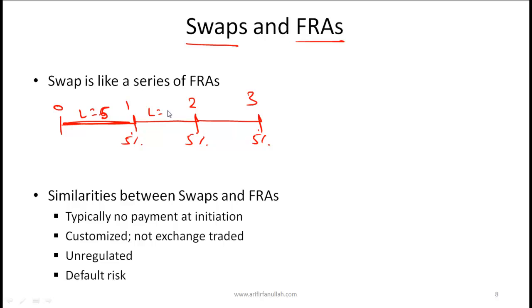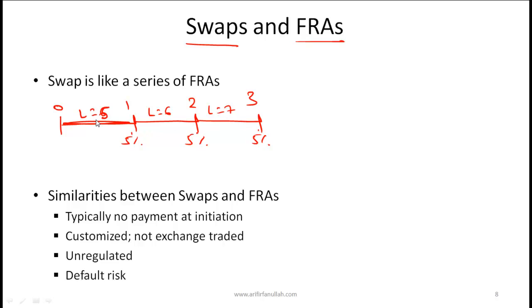For this period, let's say LIBOR becomes 6%, and then for year 3, LIBOR is 7%. Then you as the fixed rate payer will actually be happy, because even though the market rate is going up, because you have this swap agreement, you are only paying 5%.